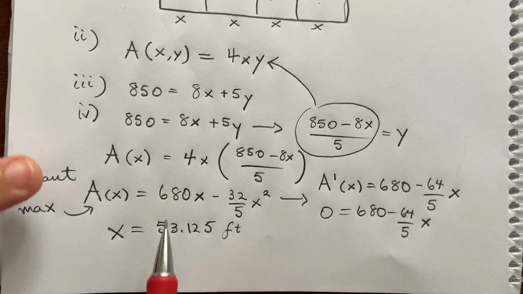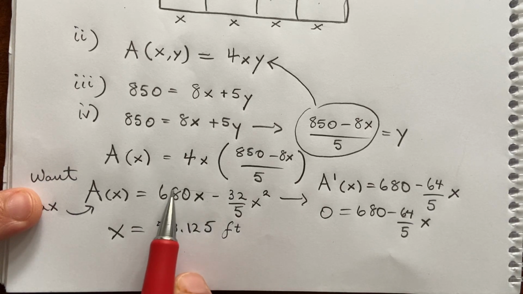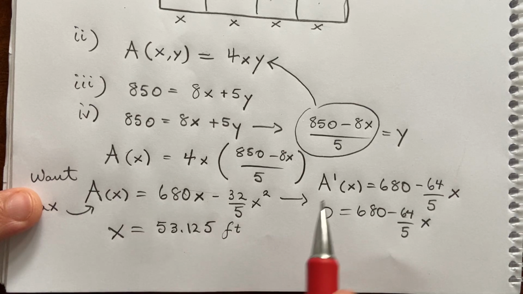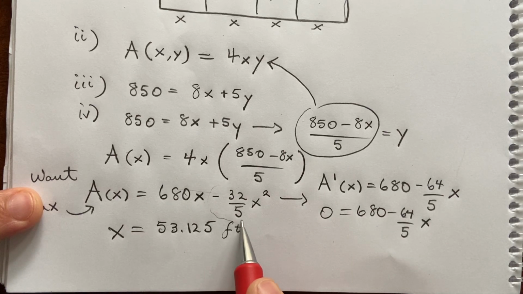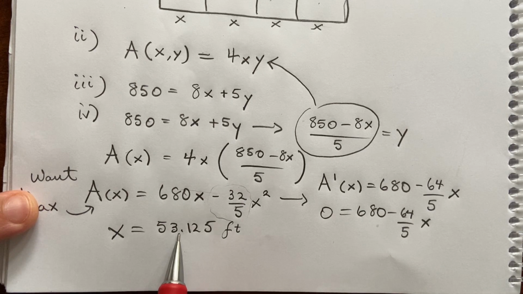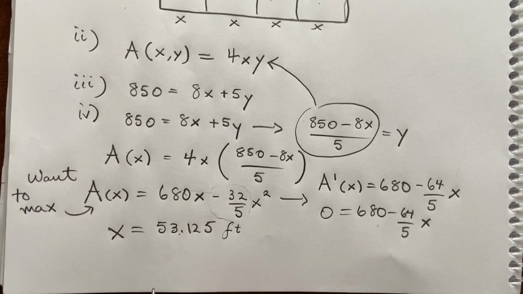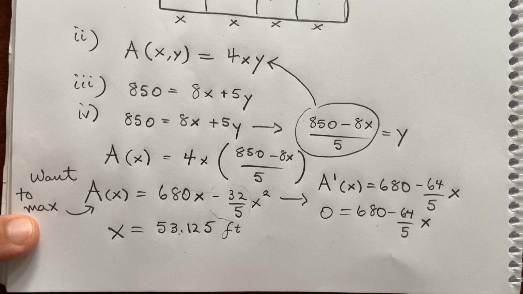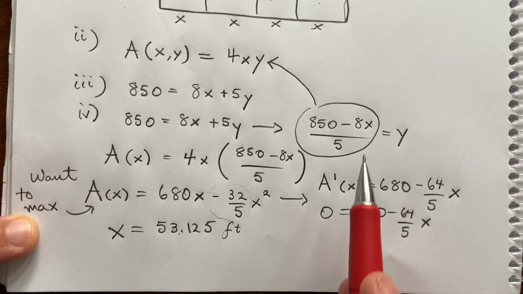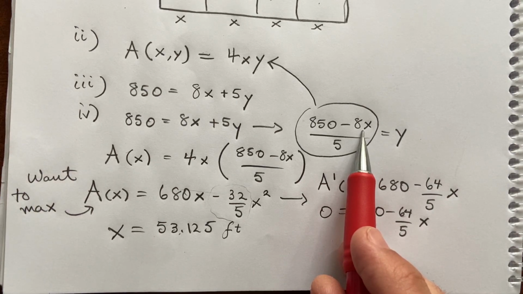Okay, so here was our function. This is a parabola that is opening down because of this negative a value. So I know that this x is maximizing. Okay, so once I know x, I can go ahead and plug in x right here to figure out y.